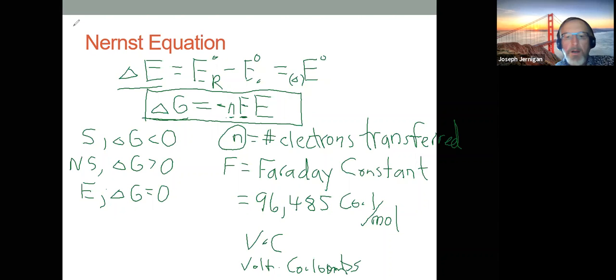And a volt coulomb is related to a joule, kilocalorie per mole, that type of thing. So in other words, we're talking about energy here. That's all we're talking about, energy, and those units tell you that. As long as you remember that a volt coulomb is essentially an energy term, okay?